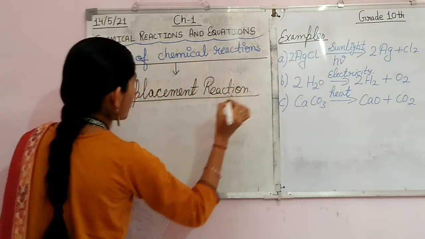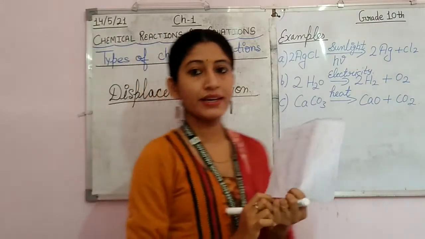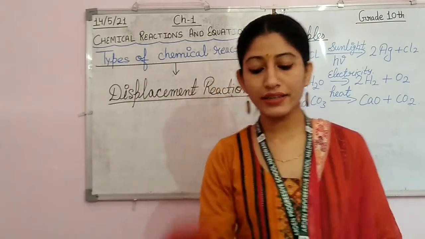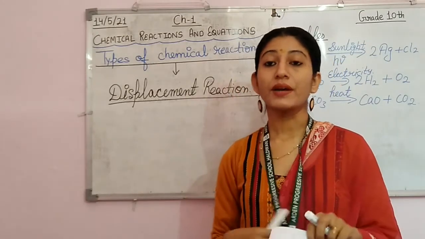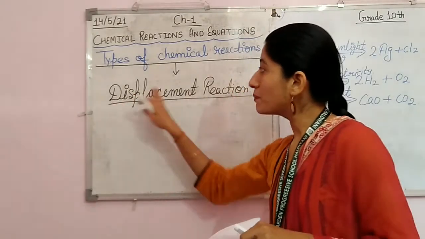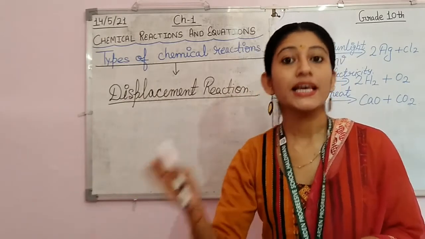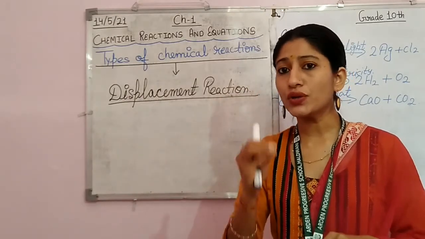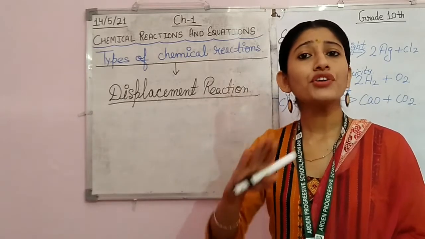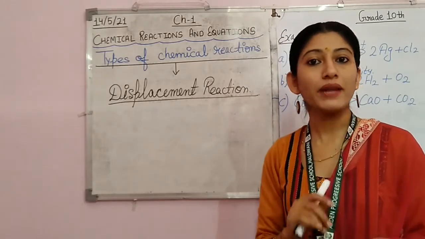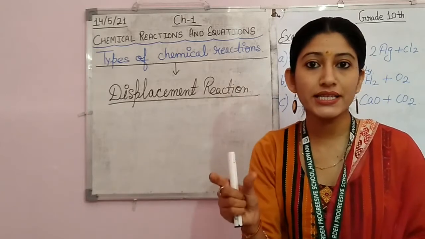Now, what happens in this case? See students, as the name suggests, displacement reaction. Displace means when you take the place of someone, or when you remove someone from its place, that is called displace.